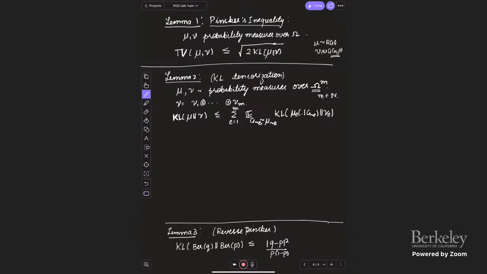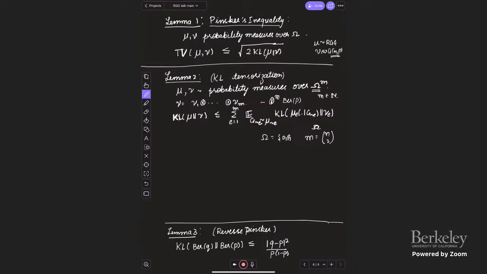In our case, this is a tensor product of m copies of Bernoulli p, and omega in our case is 0, 1, which is the indicator of each edge being present, and m is equal to n choose 2, which is the maximum number of pairs of vertices which can have an edge between them.